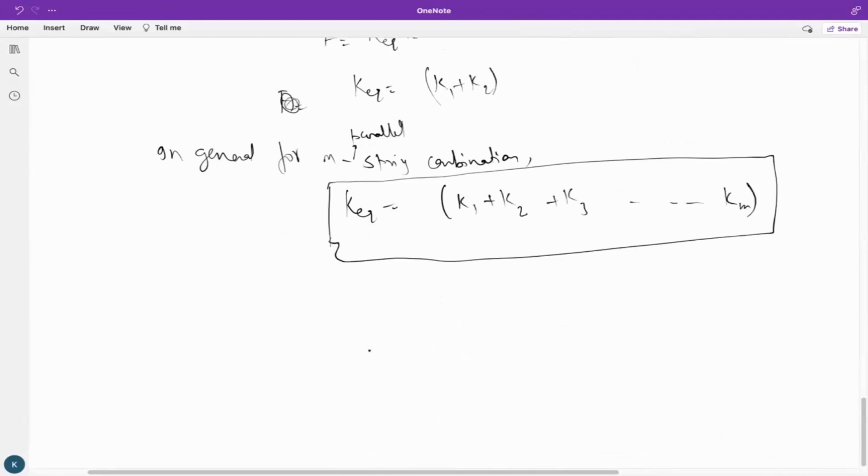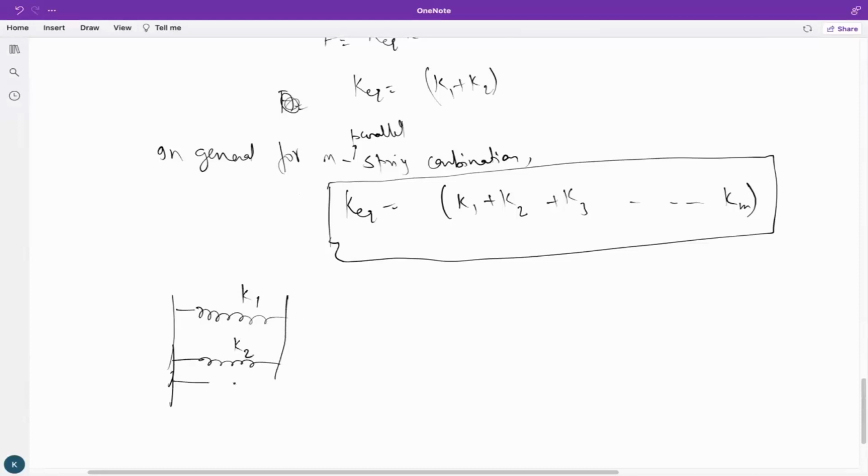Now, what I'm trying to tell you is what we have done here. Let me write it here. We have two springs. One has K1 and the other has K2.